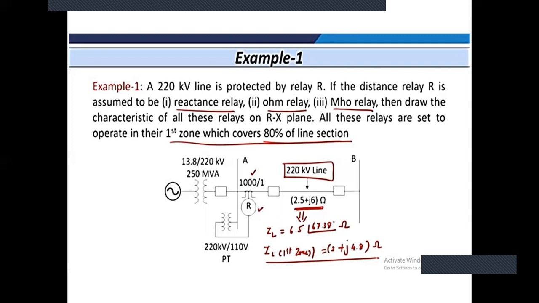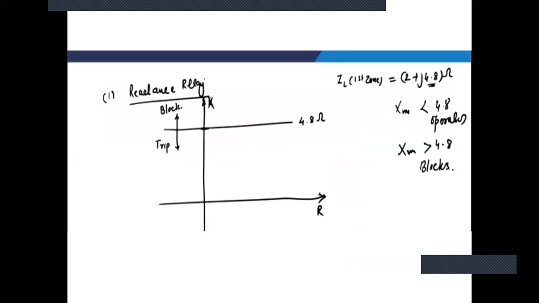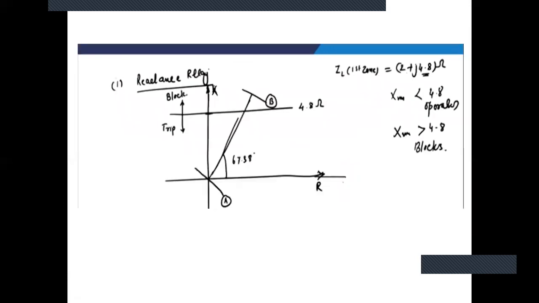Okay, so using this angle value, the line to be protected has to be drawn from this region, at this angle, just like this. Move on to the next slide. So the line is starting from here.